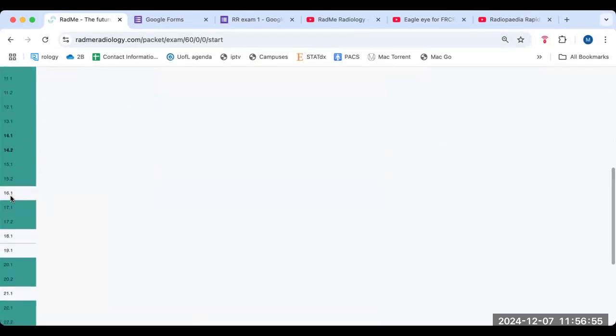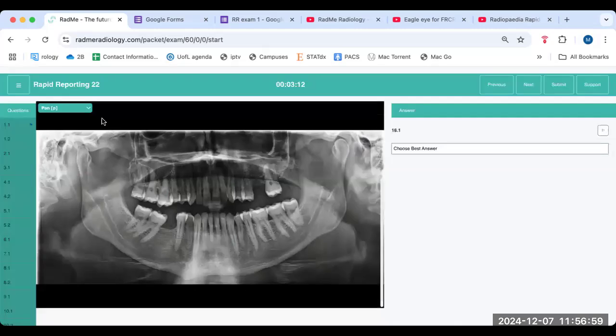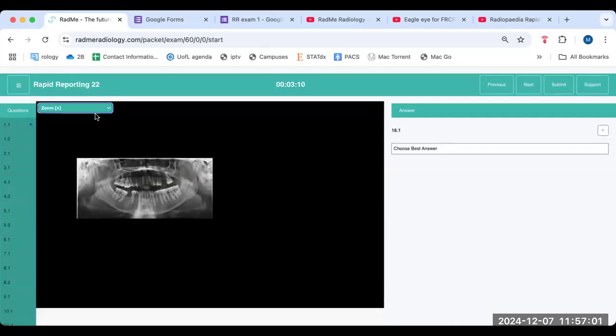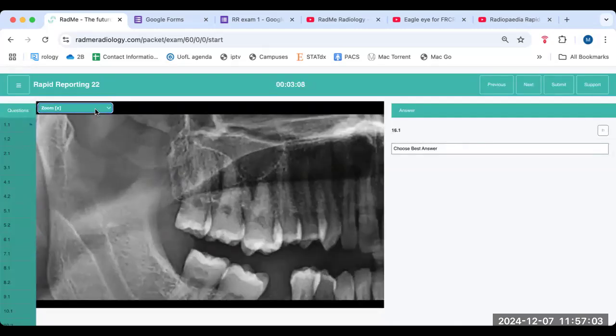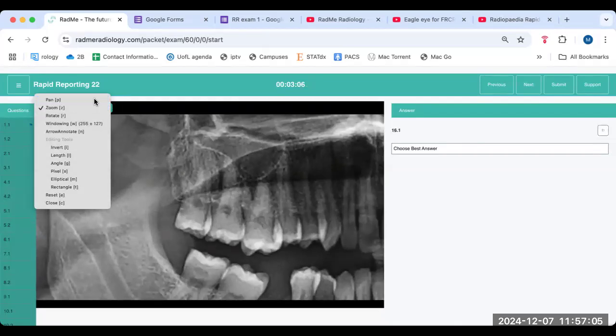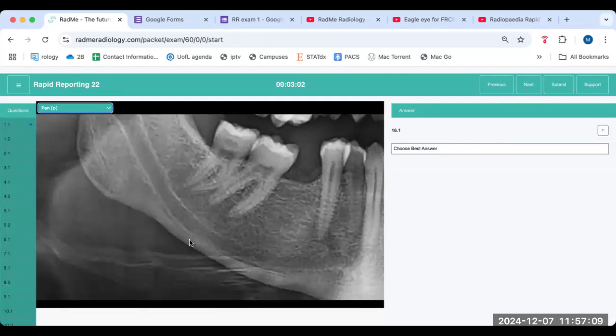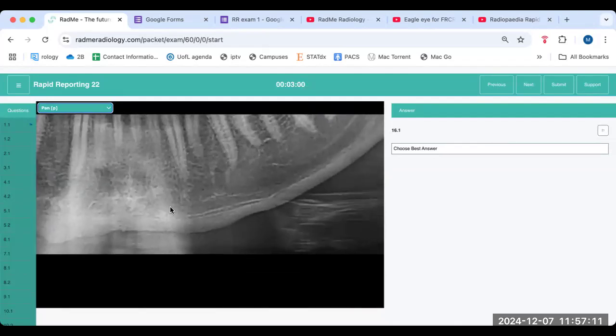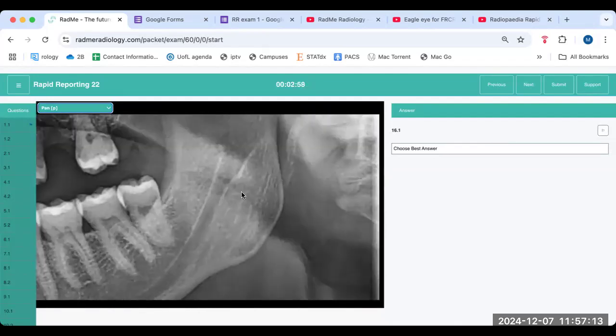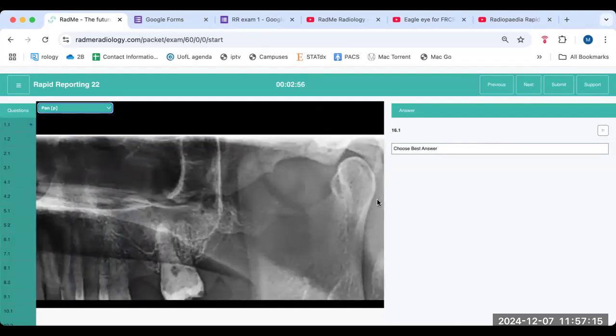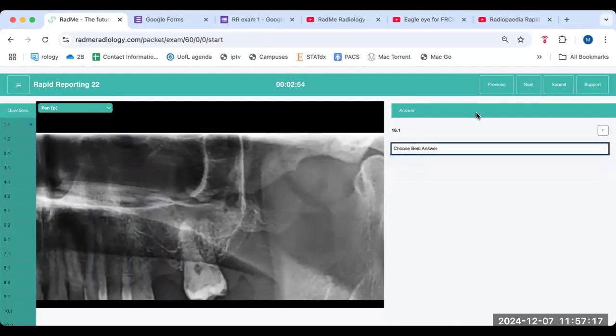So what else do we have? This one, 16. We'll make some zooming. There is nothing there. See, I'm checking the cortex. The cortex is intact. Nothing in the cortex, so I will put it normal.